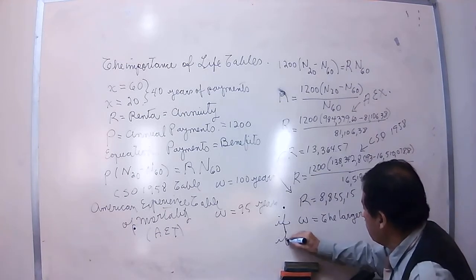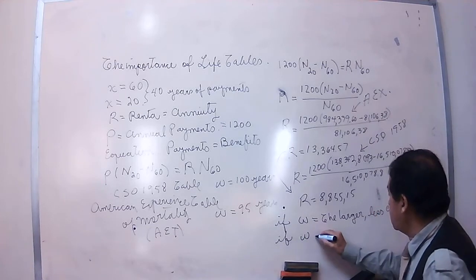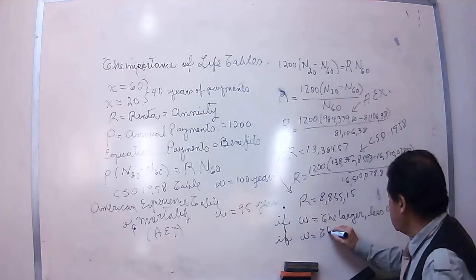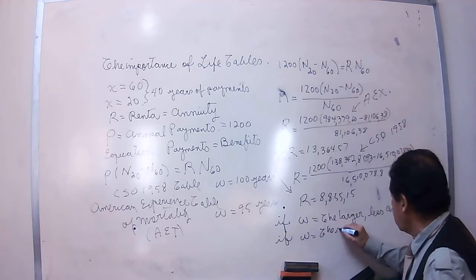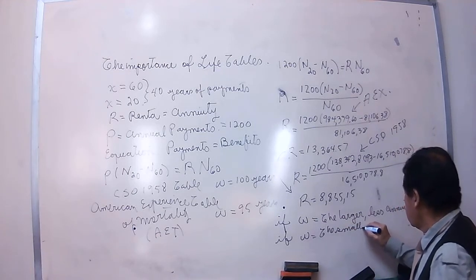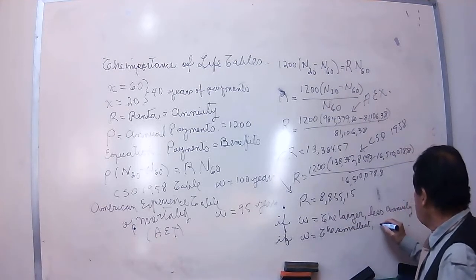If the omega age is the shortest, the smallest, the annuitant is going to receive more annuity.